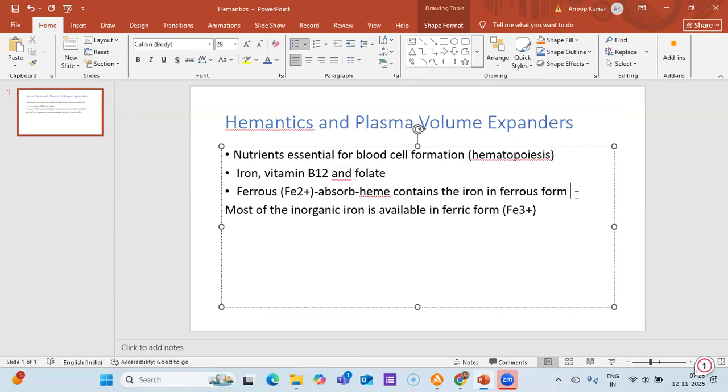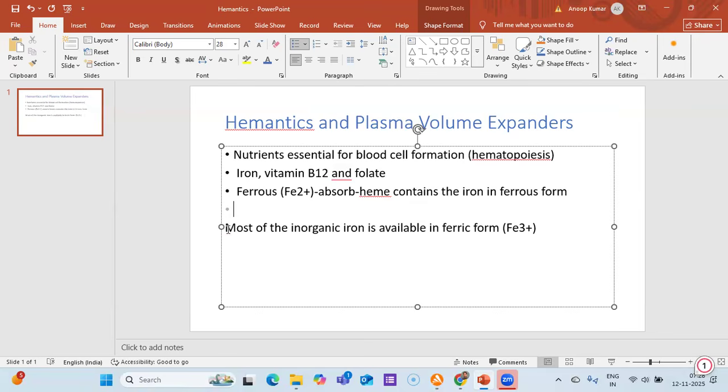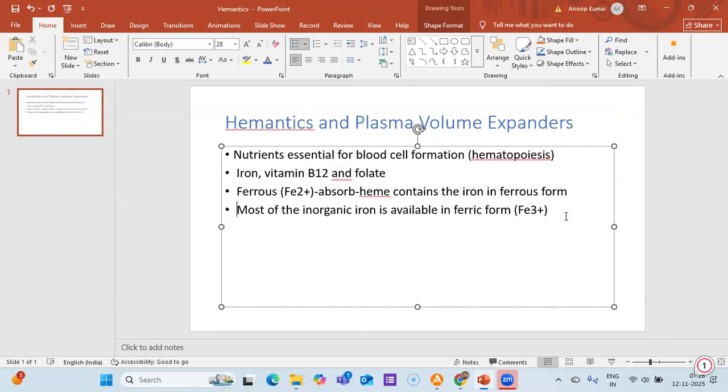But most of the inorganic iron is not available in the ferrous form. It's available in the ferric form. So what does it mean? It means that this must be reduced. So these ferric forms must be reduced to the ferrous form. Otherwise, it's not going to be absorbed. Ferric form is not going to be absorbed.